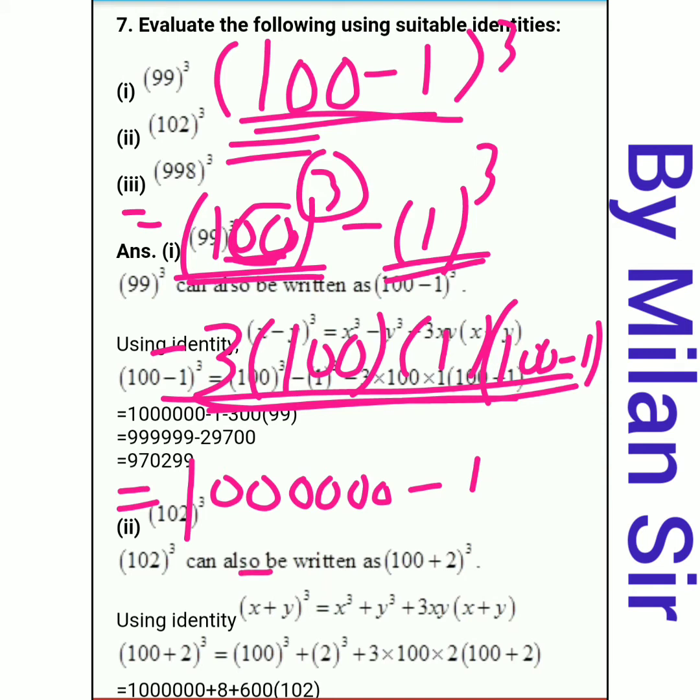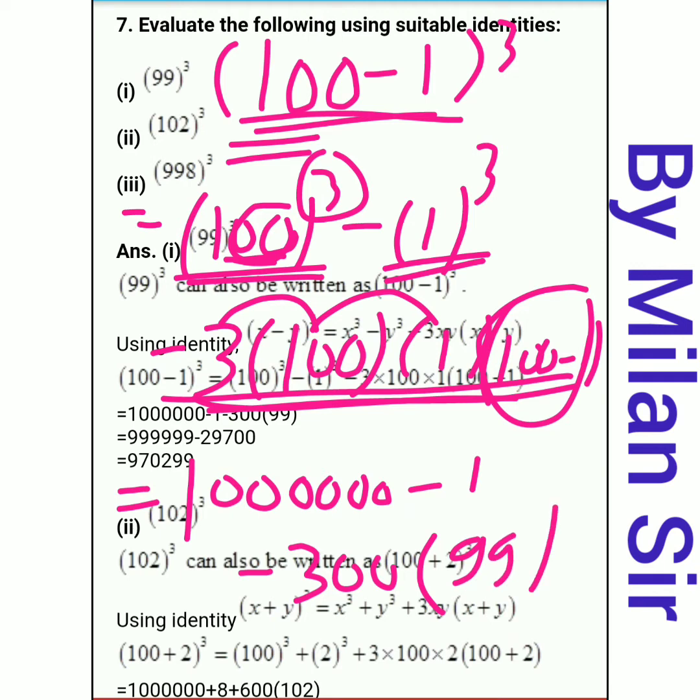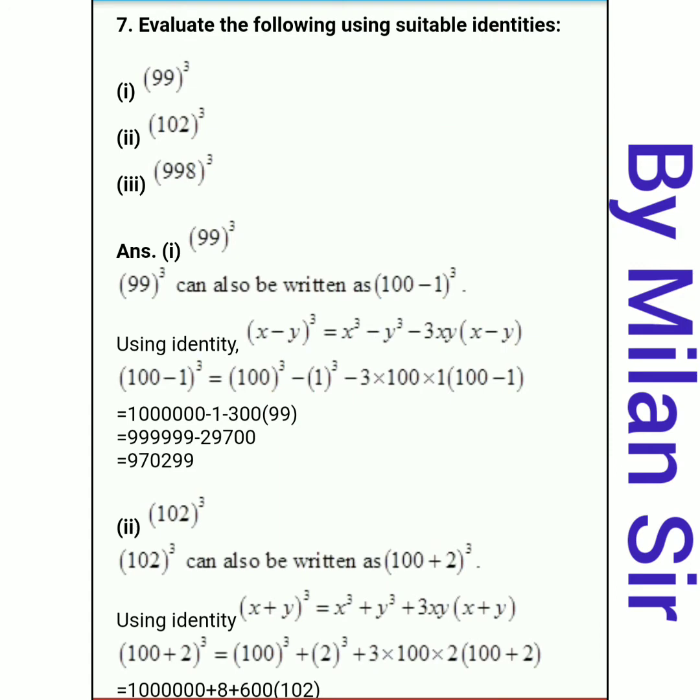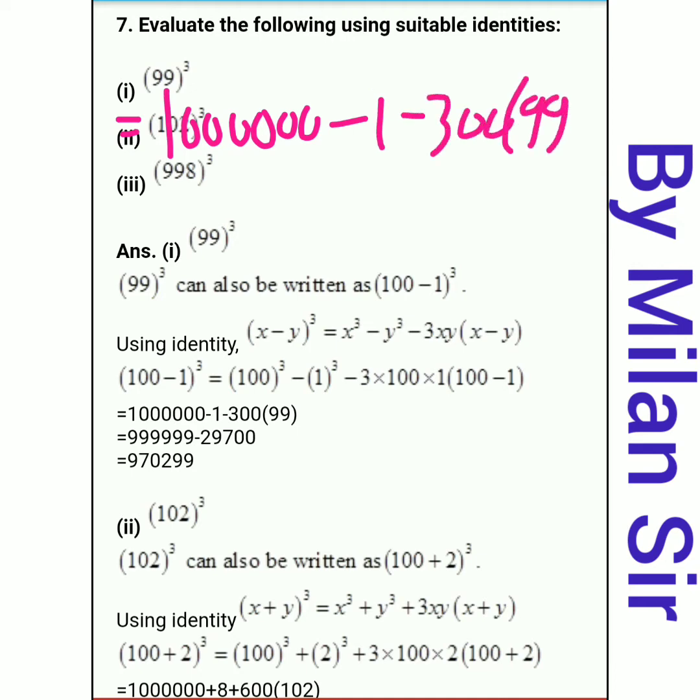First of all, the negative sign. 3 multiply 100 is 300, multiply 1 is again 300. Now in bracket 100 minus 1 is 99. So now we have 10 lakh minus 1, then minus 300 into 99.